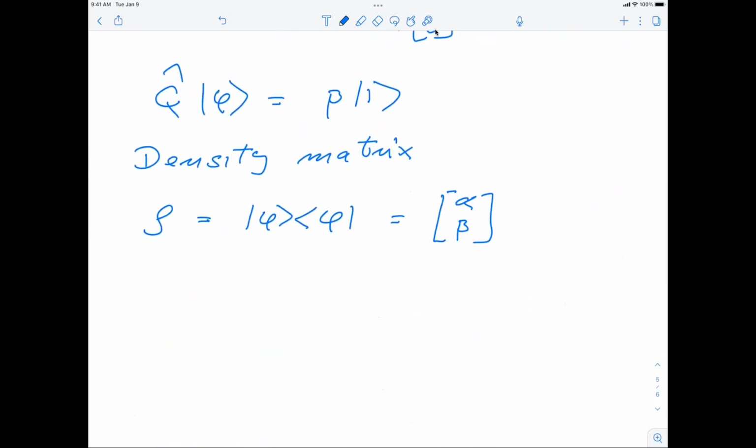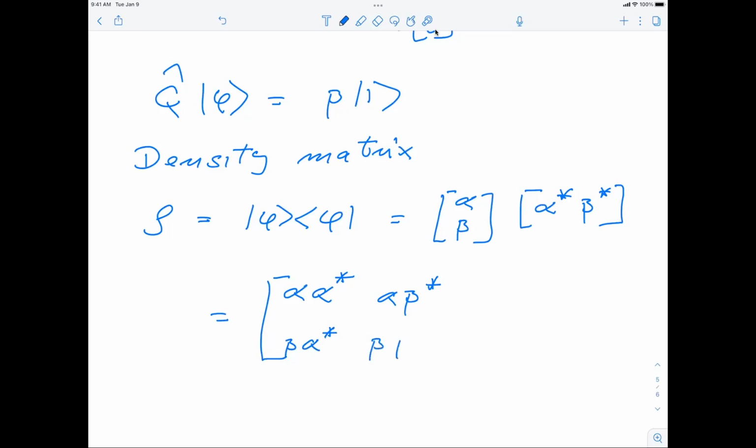So this one is given now in terms of alpha complex conjugate and beta complex conjugate. So this is now an outer product, remember that. When we do the outer product, this becomes equal to alpha times alpha complex conjugate, and then I have alpha times beta complex conjugate, and then I have beta times alpha complex conjugate, and beta times beta complex conjugate.